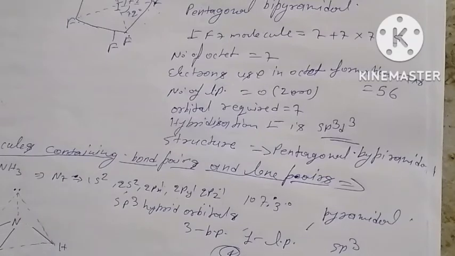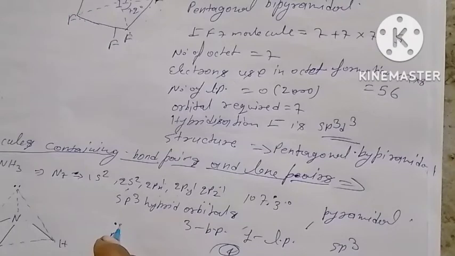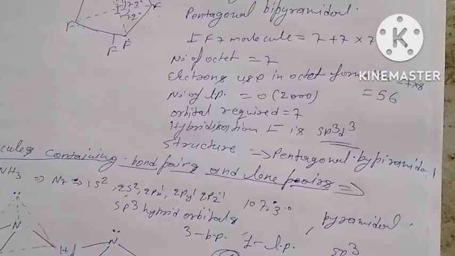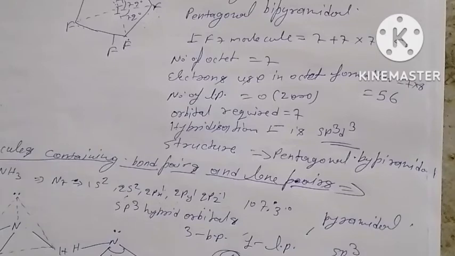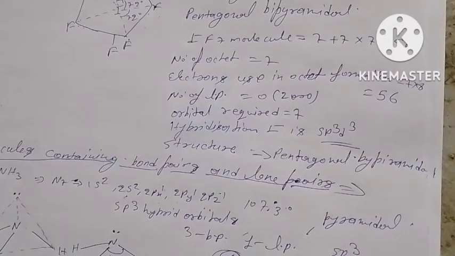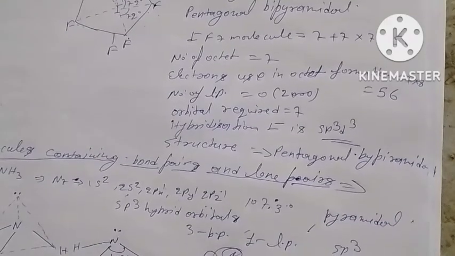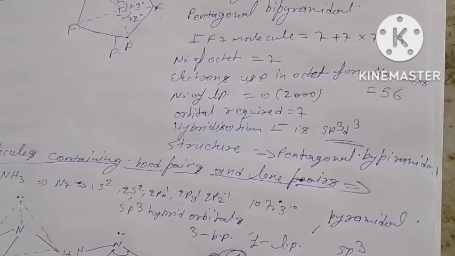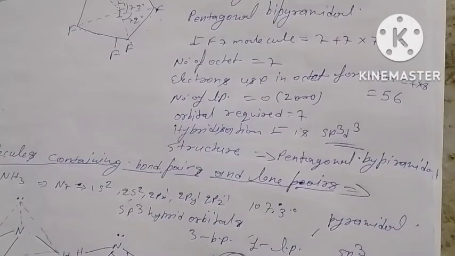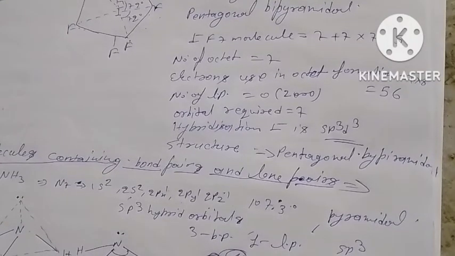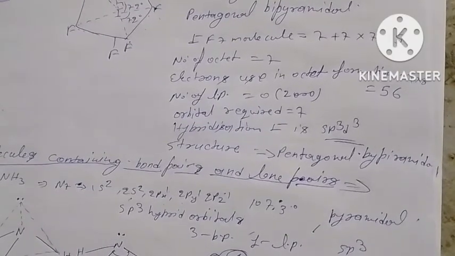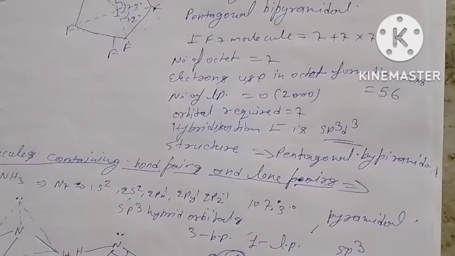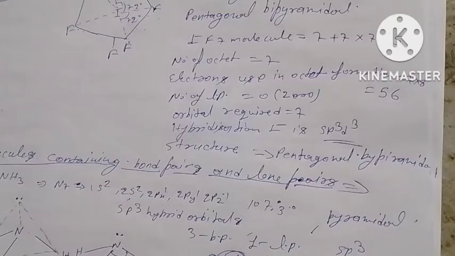This is the hydrogen-nitrogen bond, and the bond angle is 107 degrees. This shows the lone pair, and this is hydrogen 1, hydrogen 2, and hydrogen 3.